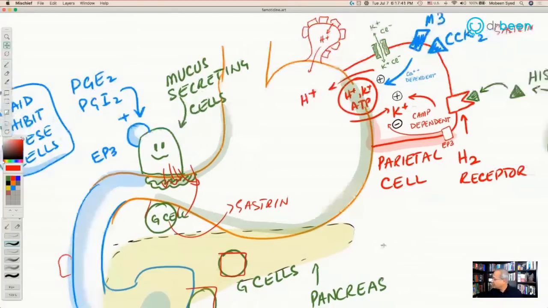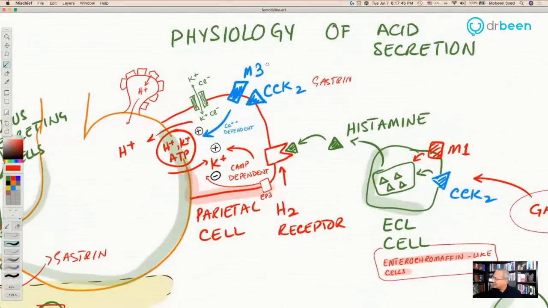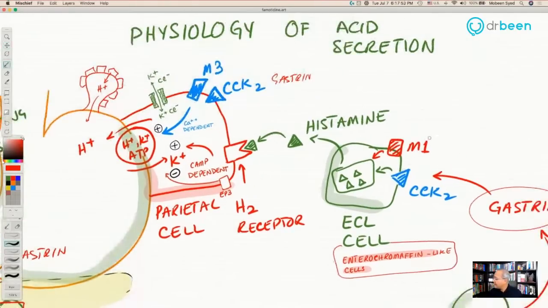Now, going back here, I also want to just very quickly mention this. This M3 receptor over here responds to vagus stimulation, and this M1 receptor over here also responds to vagus stimulation. Vagus is a nerve that comes from our brain and supplies our viscera.